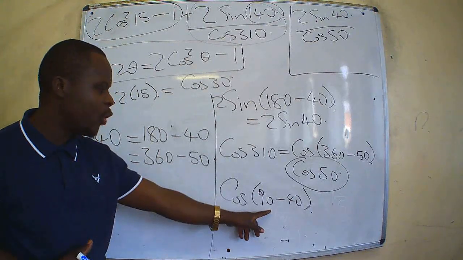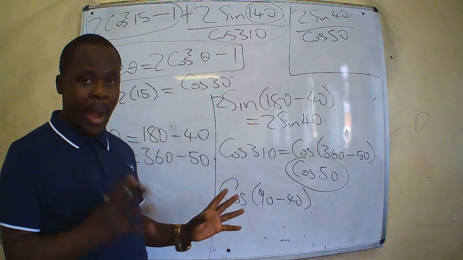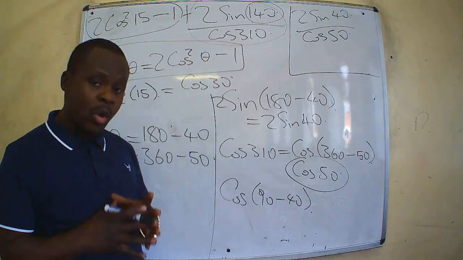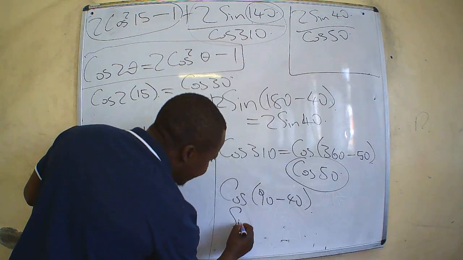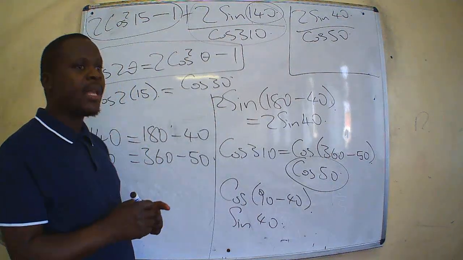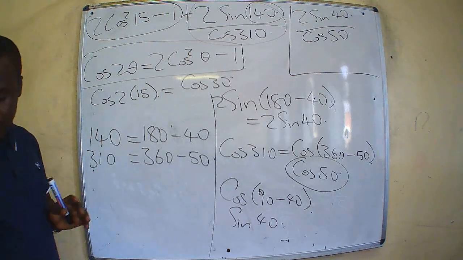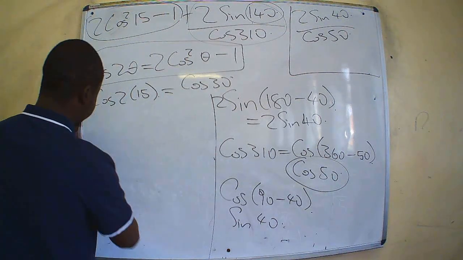We are going to use quadrant number 1, where all angles are positive. So this is going to change to become sine 40. If it changes to sine 40, then now we can simplify everything in one fraction. So let us simplify our question.